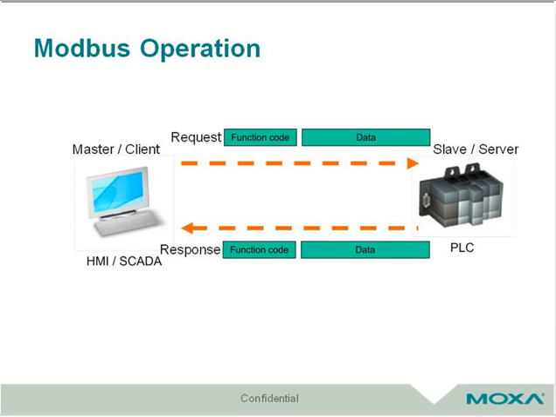When you receive it, you will know the status and you can decide what to do next. The PLC will not alert you automatically when the emergency door is opened from closed. It will only respond to a poll from the Modbus master. And this is one poll, one response.